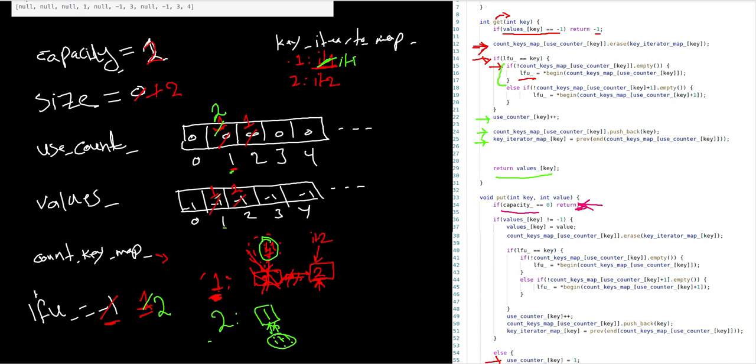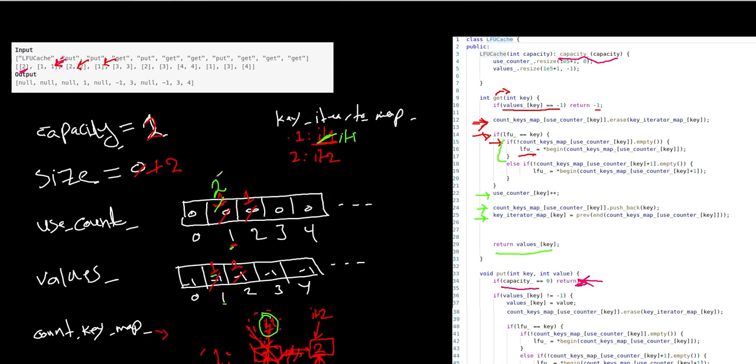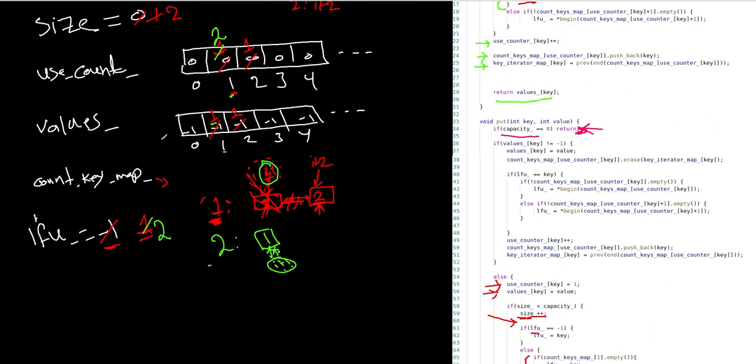Values of 1 is 1, so just print 1. Next call is put 3. Now again in the put function we need to check if values of key is not equal to -1. So we are assigning 3, and the value of 3 is -1.